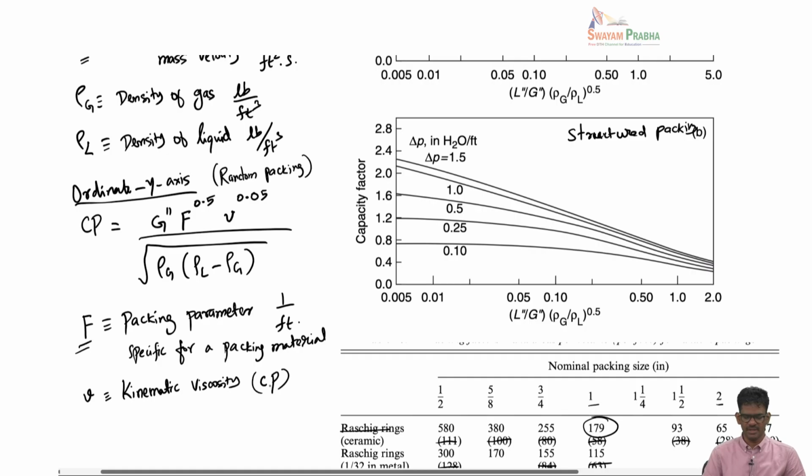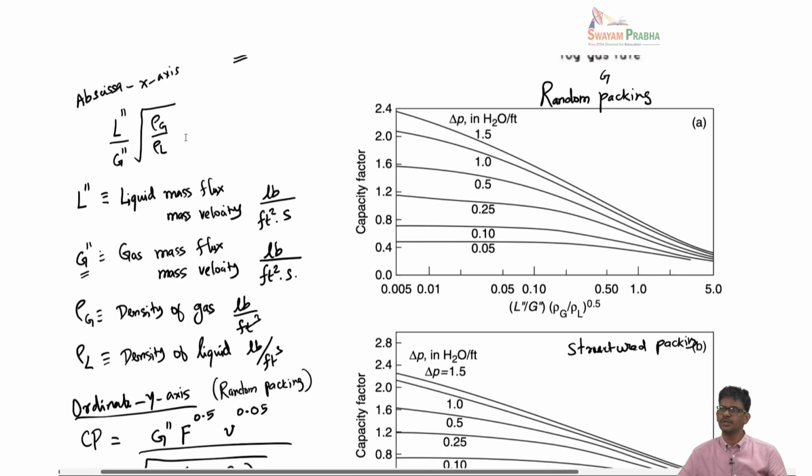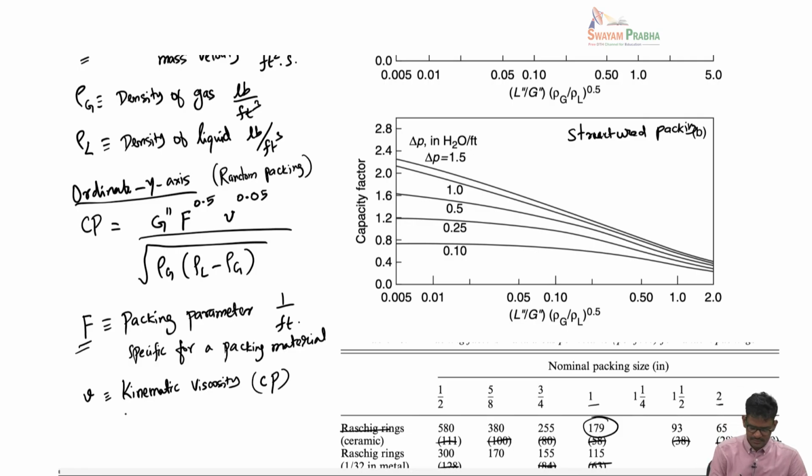Each parameter has to have the associated unit system. You have to use these variables only in these units. If it's given in other units, you have to change it back to these units. Rho G, rho L, we have already defined. Kinematic viscosity will be of the liquid. This is actually of the liquid.